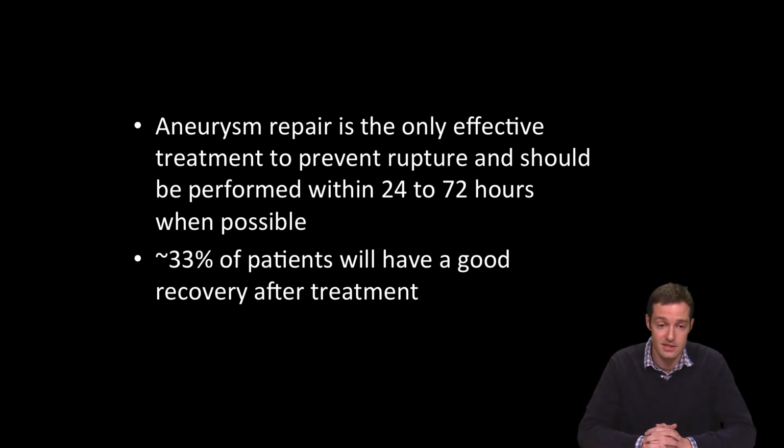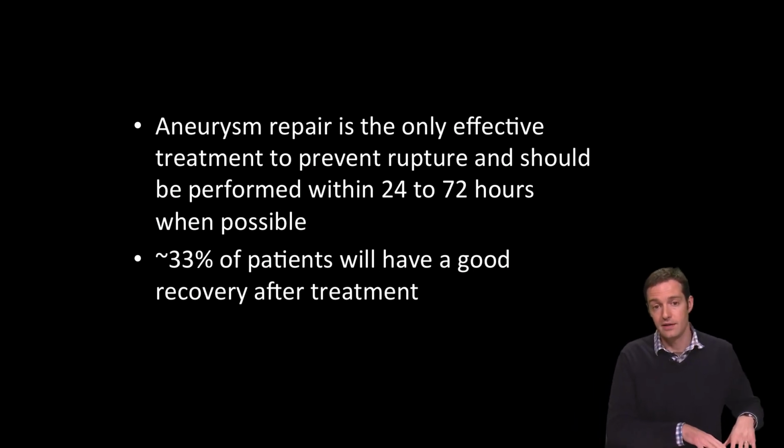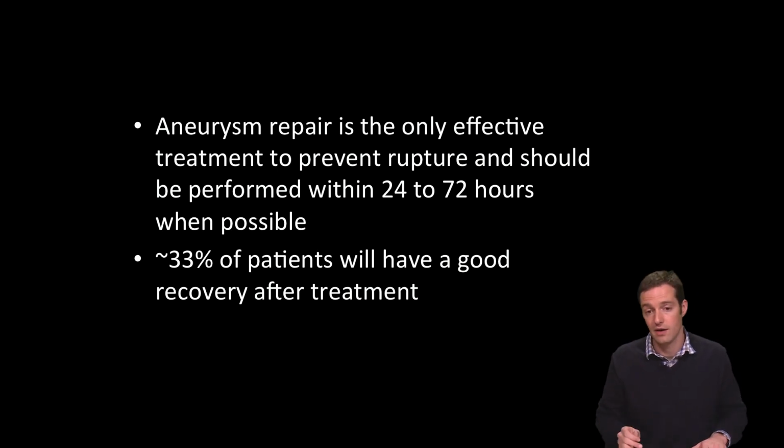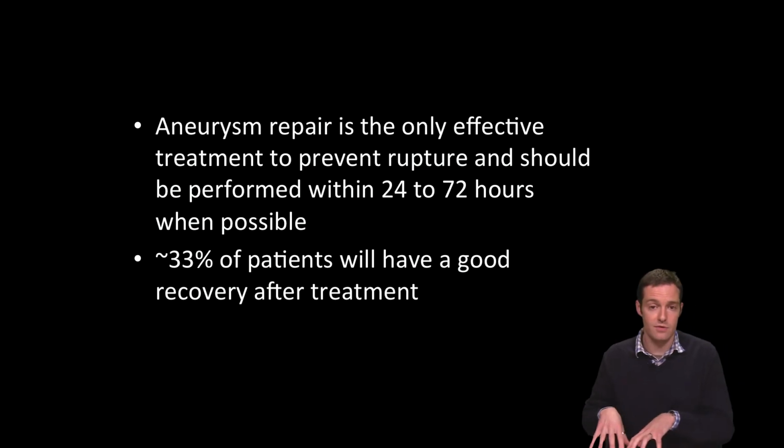And the good news is that, at least with bleeding in the brain from blood vessels that are abnormal, a good third of these patients will have good recovery after treatment. It all depends on the patient's pre-morbid level of health, meaning how healthy the patient was before the bleed, and some of the vital signs and neurologic status during and after the rupture.